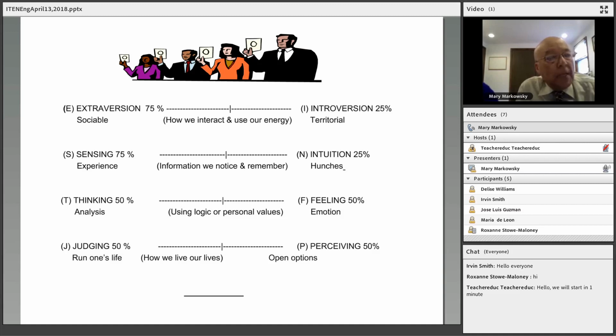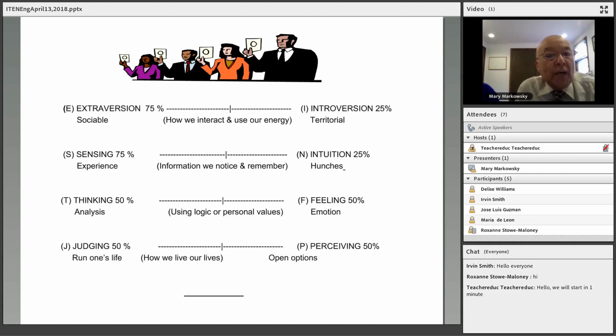Extroverted people like variety. They work at a rapid pace. They need people because they're sociable, like it says there, and they talk their ideas. They're always talking. Introverted people are territorial. They need their space. They go at a steady pace.